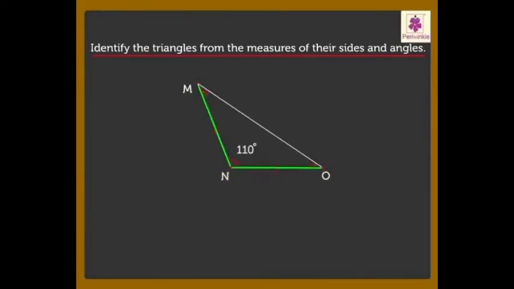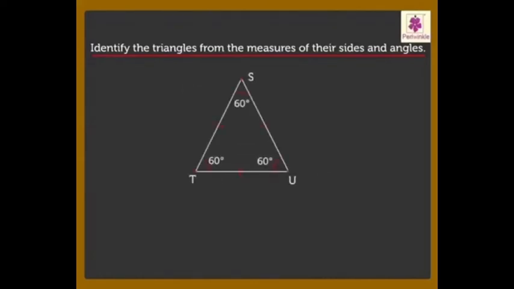Two of its sides are also equal. Thus, it is an obtuse angled isosceles triangle. Lastly, in triangle STU, here all the angles measure 60 degrees. All its sides are also equal in lengths. Thus, it is an acute angled equilateral triangle.